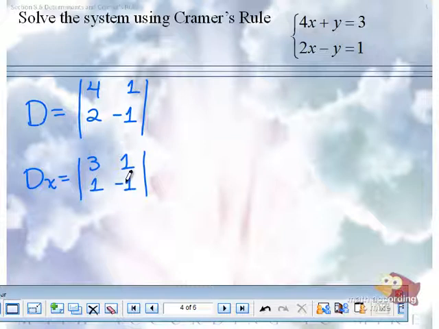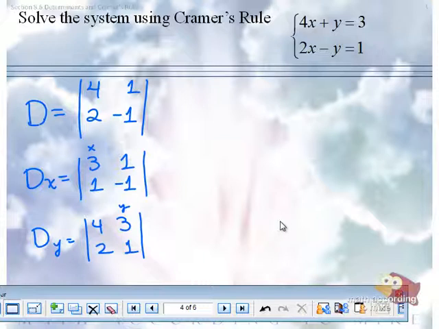So what we just did was we replaced the x column with the constants 3, 1. All right. For D sub y, we're going to replace the y column with the constants. Someone else? What's that going to look like? 4, 3, 2, 1. There we go. Good.